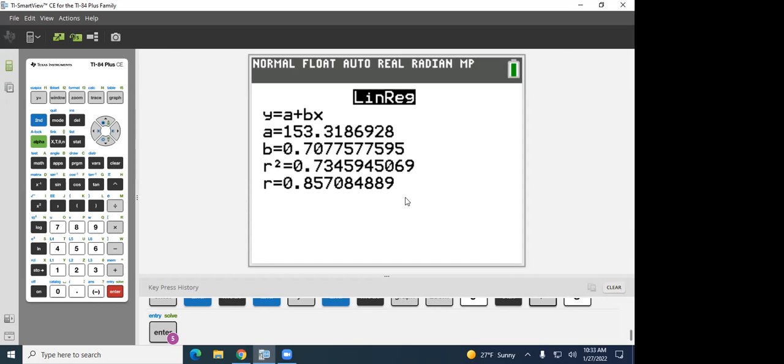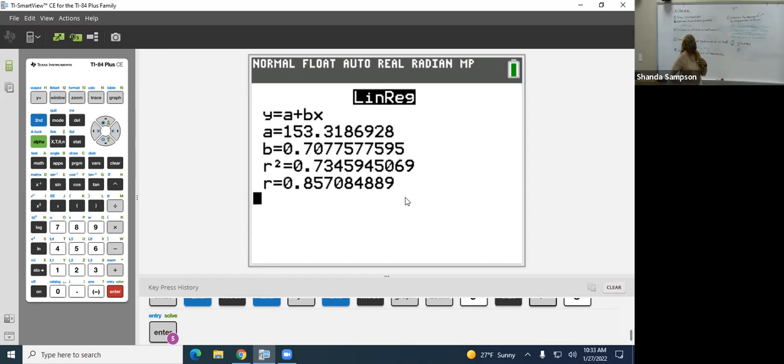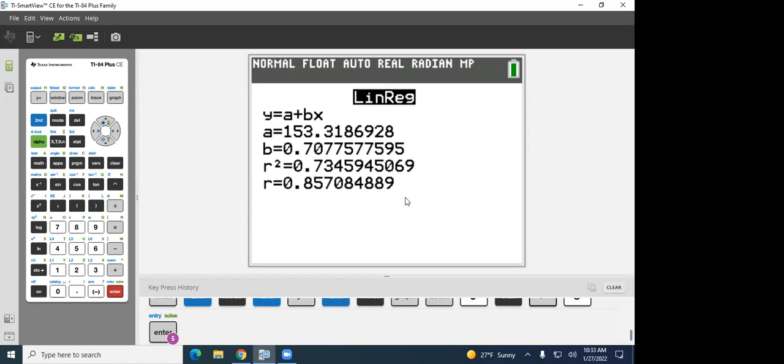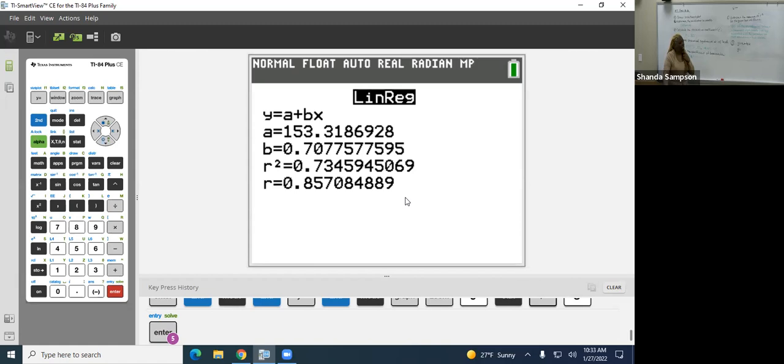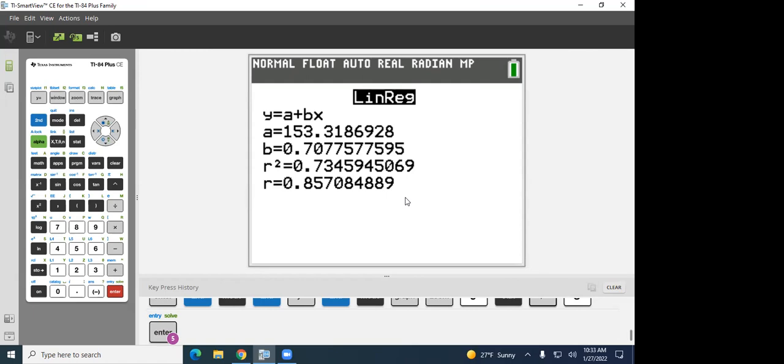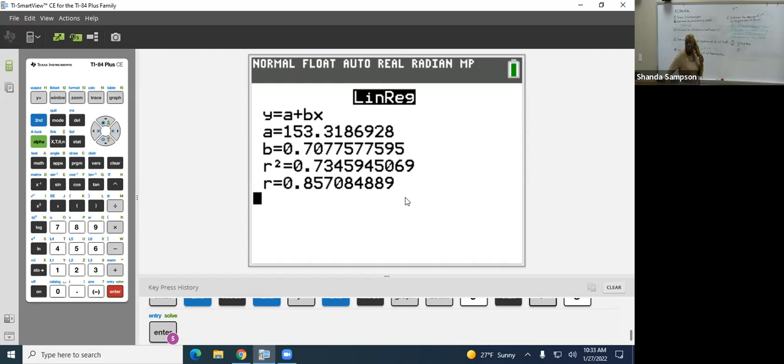Did that include decimals? I'm asking you what you writing for A. Oh, okay, maybe a whole number, 153. All right, are you going with 153? Going once, going twice, you going with 153 out there, Savannah? I was gonna say 153.319, but I don't know.